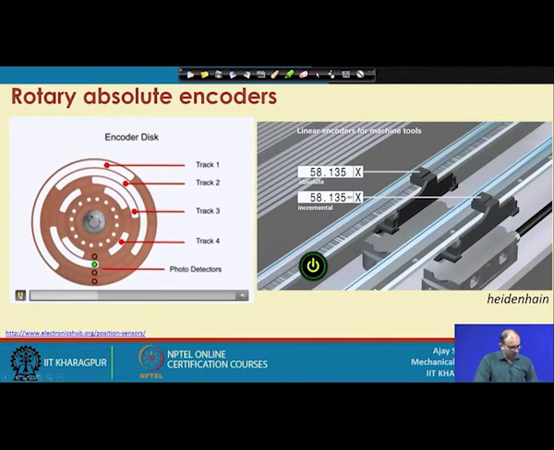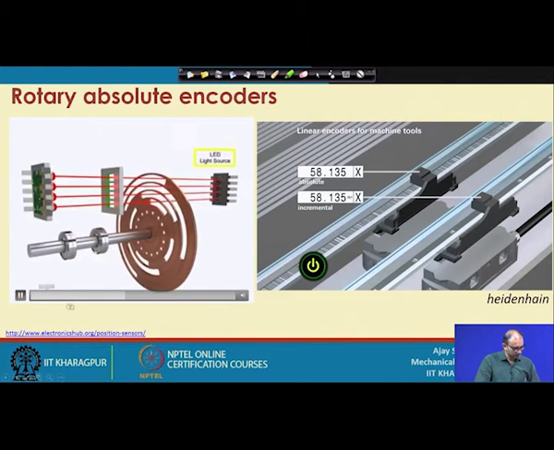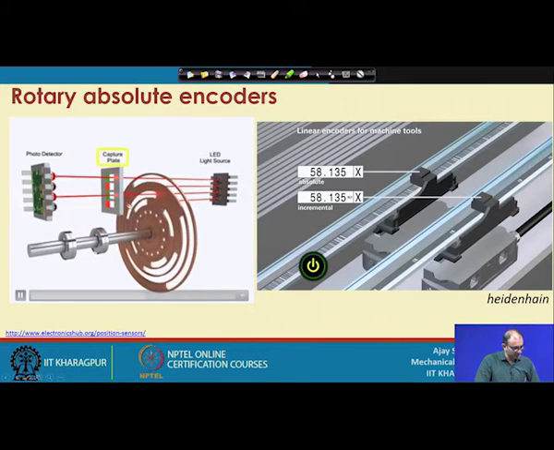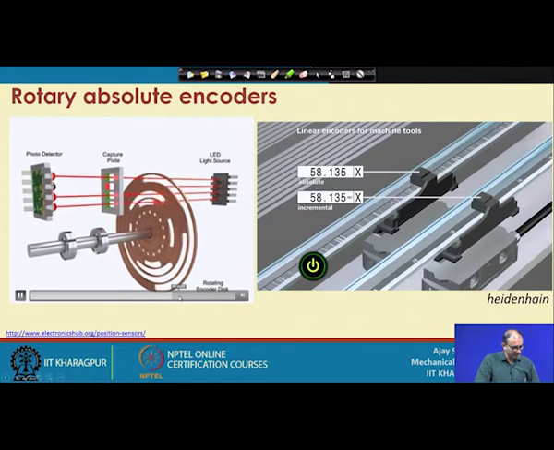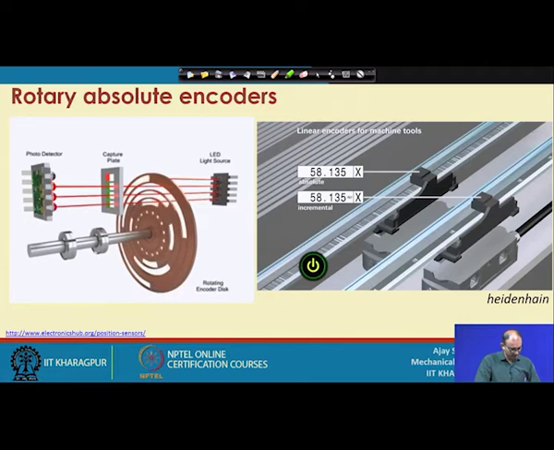These are the four photo detectors. When the disc rotates, wherever there is an opaque region you will not get a signal, and wherever there is light you will get a signal. This generates one unique code, and that unique code helps you find the absolute position of the shaft.